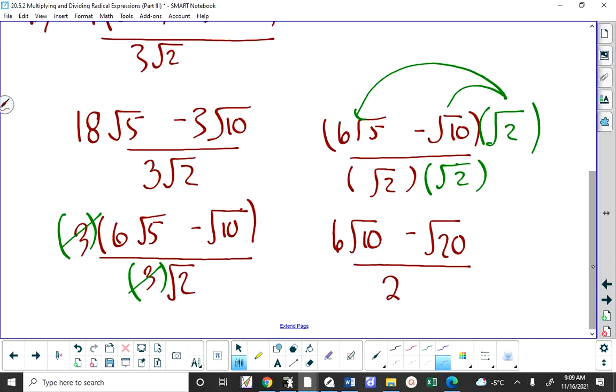You okay with that step? Okay. Now I go through my checklist, right? Have I got rid of the radical in the denominator? Yes. Can I cancel any coefficients? Well, I cannot cancel the 6 with the 2 unless I could also cancel with the coefficient in front of the root 20. And I can't because it's just a 1.